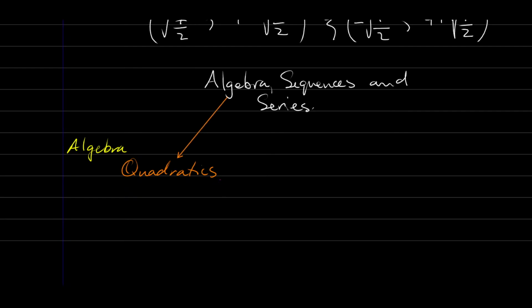Now we're going on to inequalities. Oopsie. Let's put this here. Inequalities. That's the next topic that I'm going to do. And just so you can remember where we're going, we still have to do surds, indices, and logarithms.